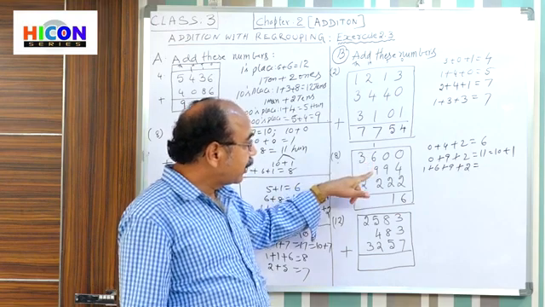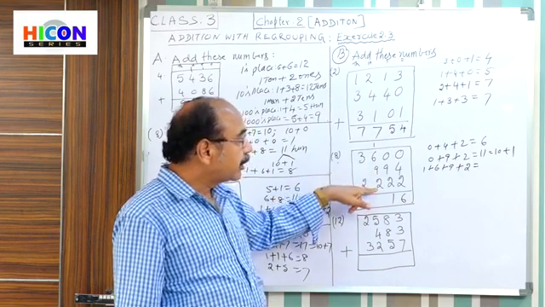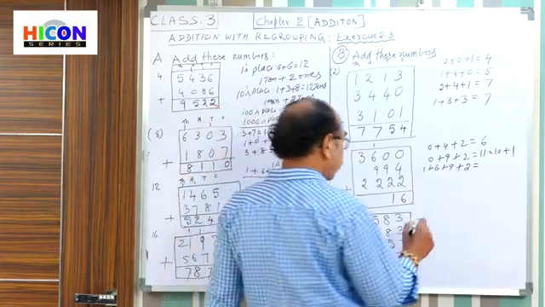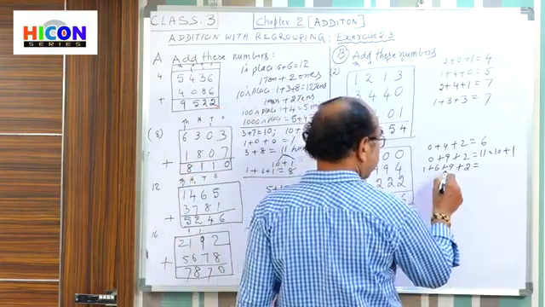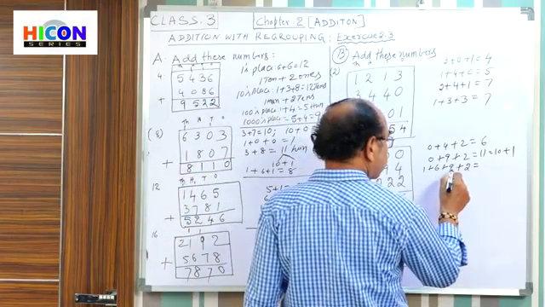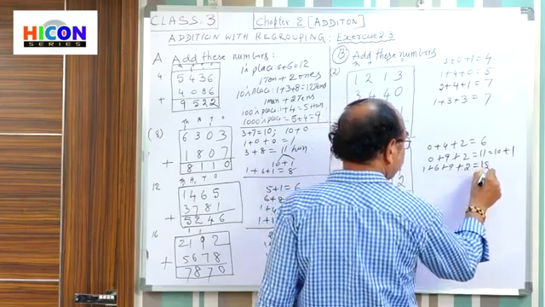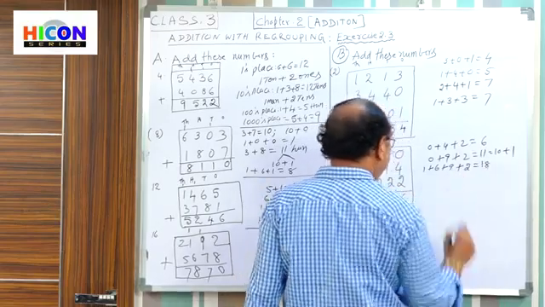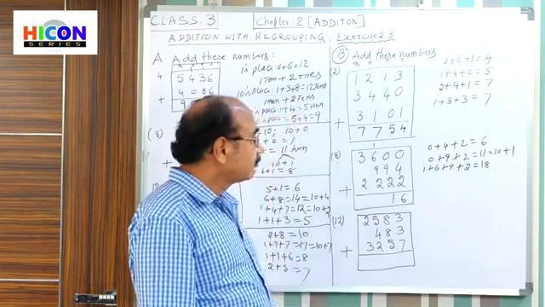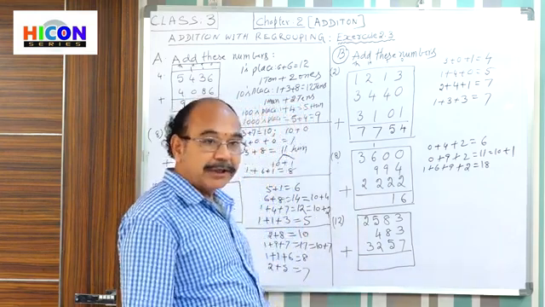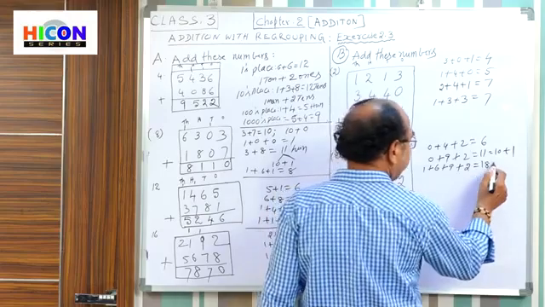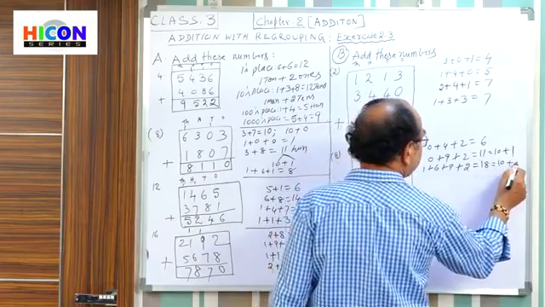In the second number 900s are there. In the third number 200s are there. Add. 7 plus 9, 16. 16 plus 2, 18. 18 hundreds, 1800. 18 can be written as 10 plus 8.